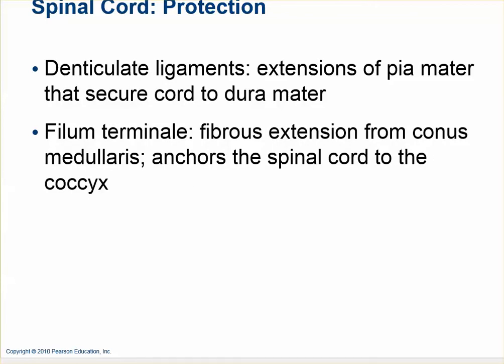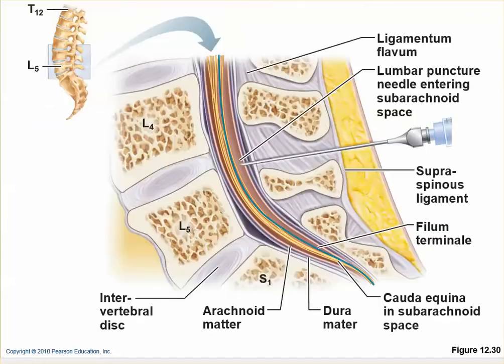There are little ligaments that secure the spinal cord to the dura mater. And there is a large ligament that goes from the conus all the way down to the coccyx. So it prevents the spinal cord from riding up. It gives it long axis tension. It's called the filum terminale, which means the end string.